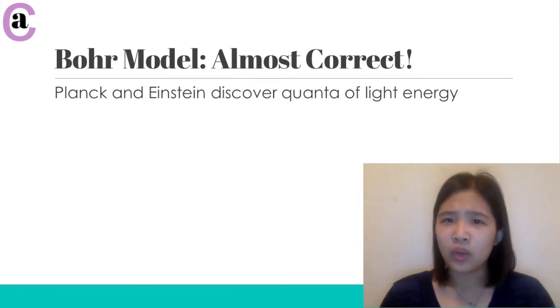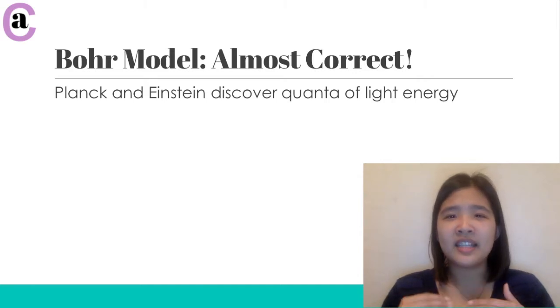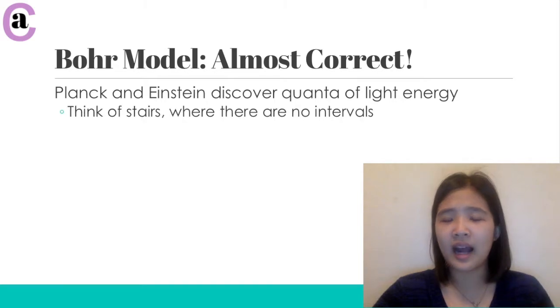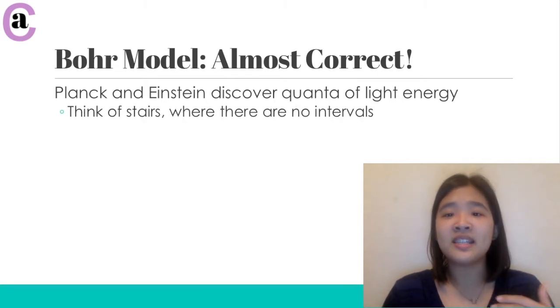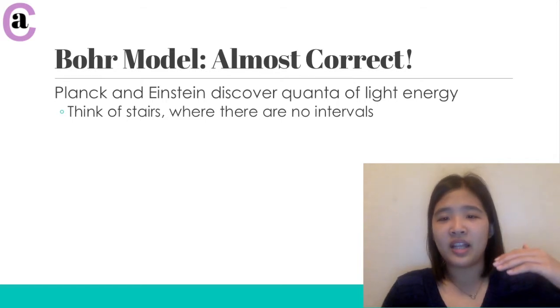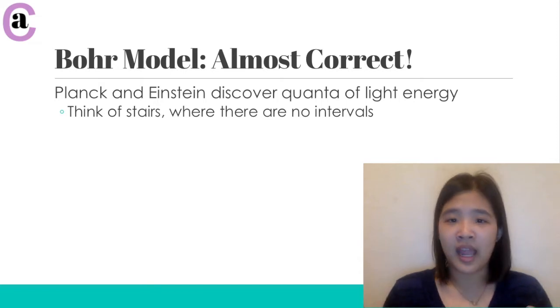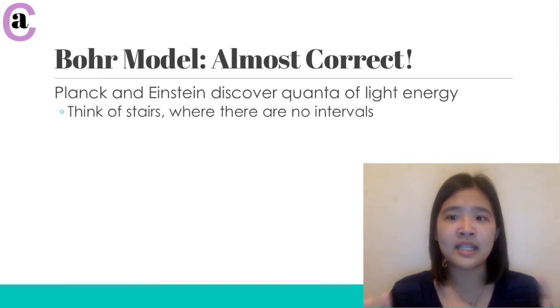And that's not really a word that we use very often, but basically it means that it exists in different stages. The way that I like to think about it is like a staircase. Instead of being able to be on step 2.5, there is no such thing as being in between steps, right?